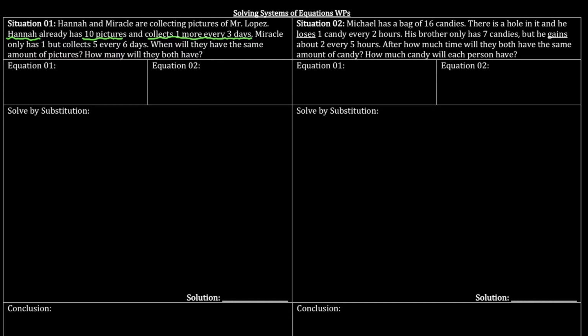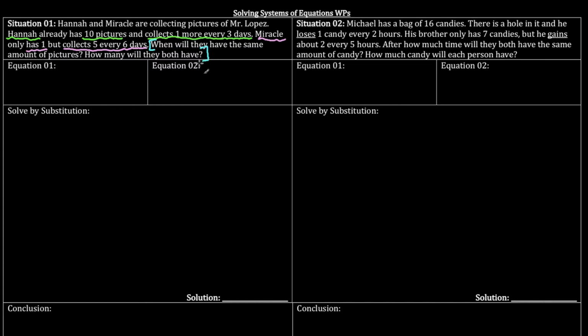Miracle, on the other hand, only has one, but collects 3 every 5 days. So our question is, when will they have the same amount of pictures? How many will they both have?